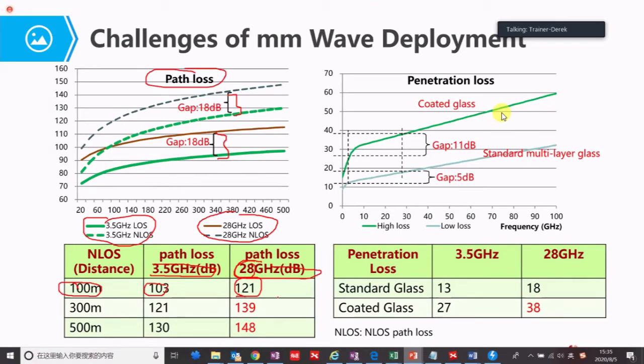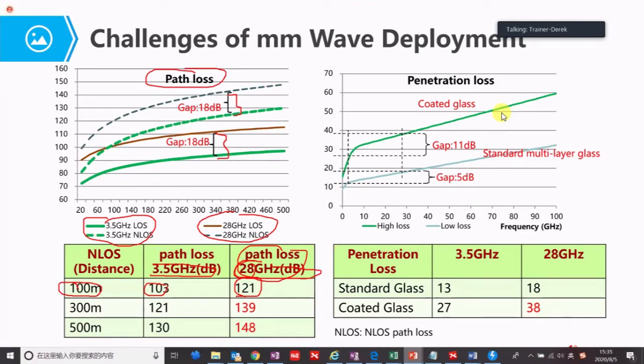It can't be used for the main coverage, because within a very small distance the signal will become very weak. This is a shortcoming of the high frequency millimeter wave band.